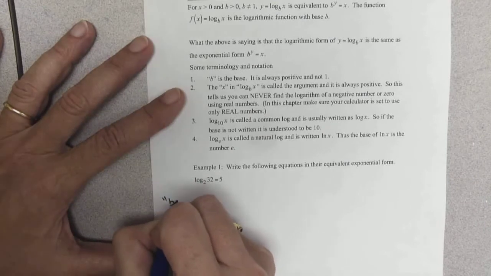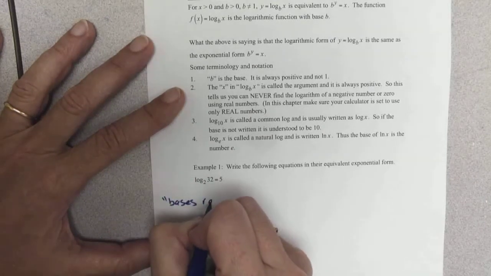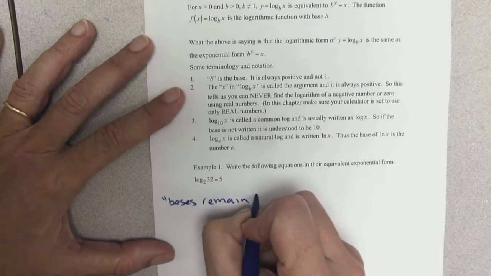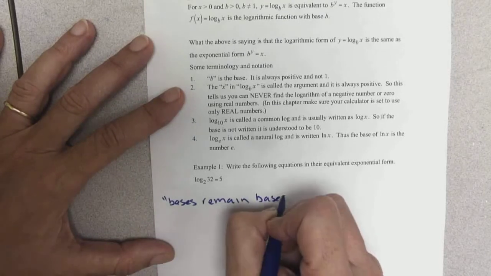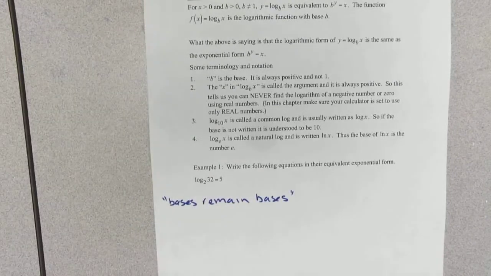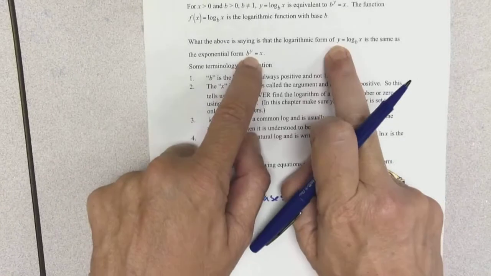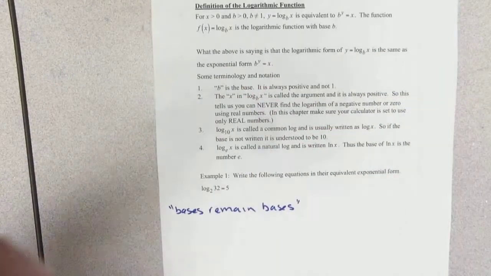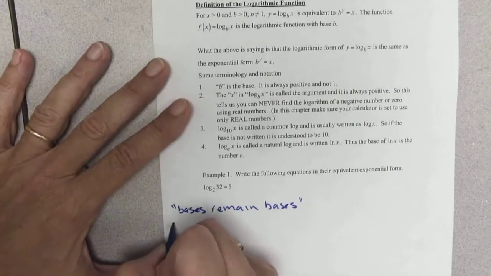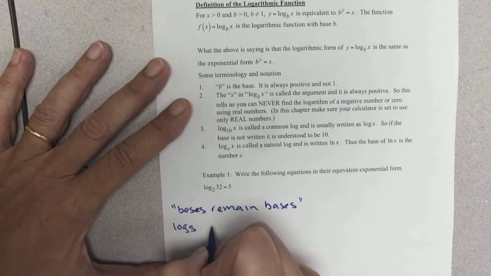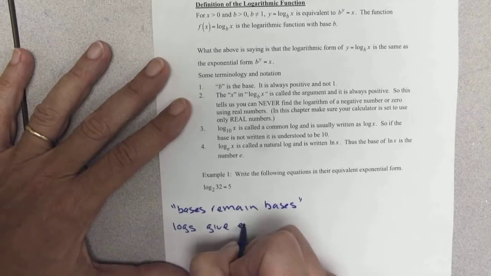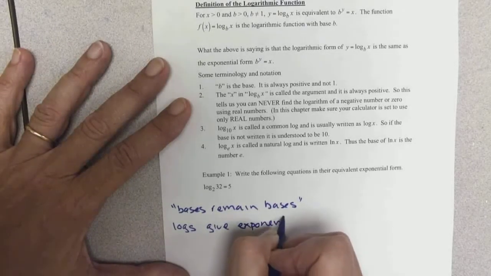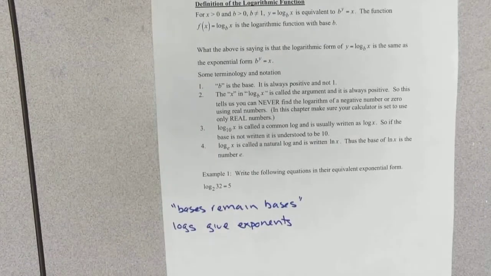So bases remain bases. And then what we said about logarithms: logarithms equal exponents, or logs give exponents. And if you don't like the word give, use equal, whatever.